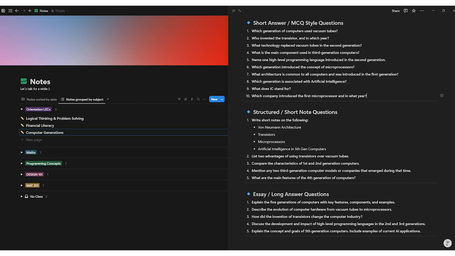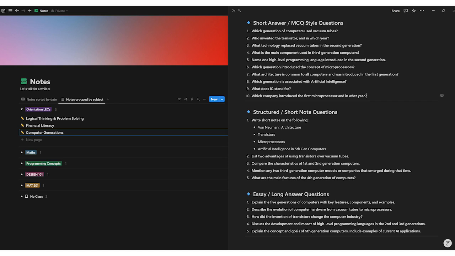The arithmetic and logic unit is responsible for doing arithmetic and logical operations, while the control unit is responsible for controlling things, like giving instructions and all that.